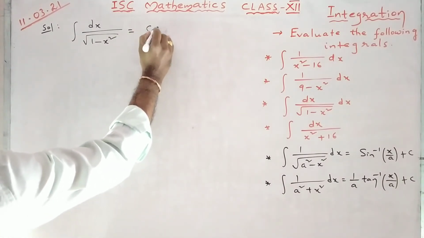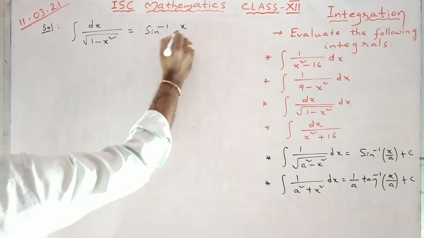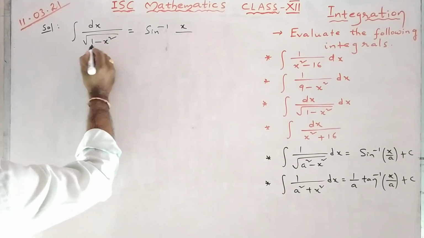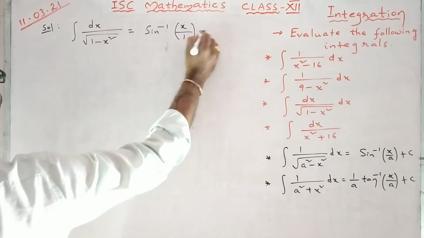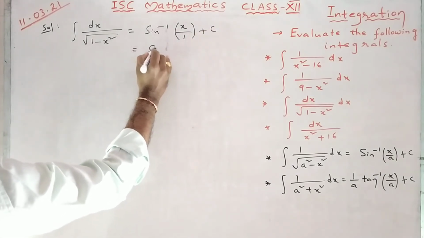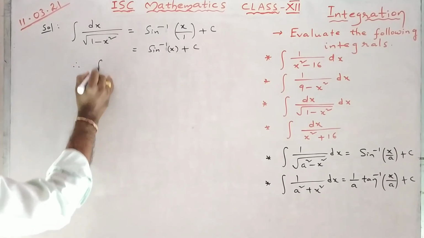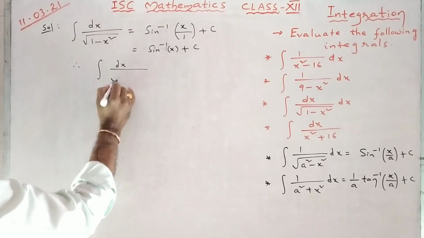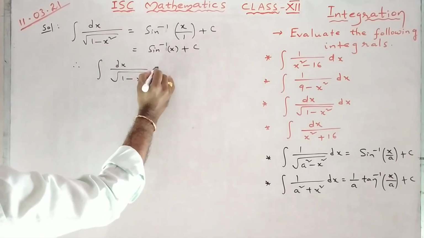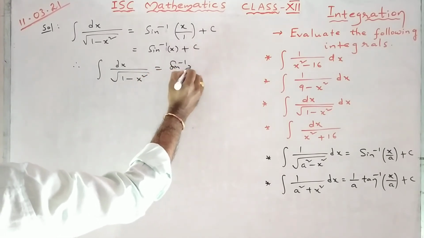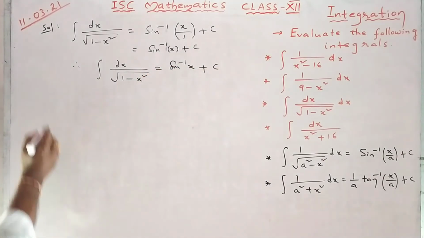So this can be sine inverse of x by a, what do you have here? 1. So plus c, that is equal to sine inverse of x plus c. Therefore integral dx upon root 1 minus x square equal to sine inverse of x plus c.